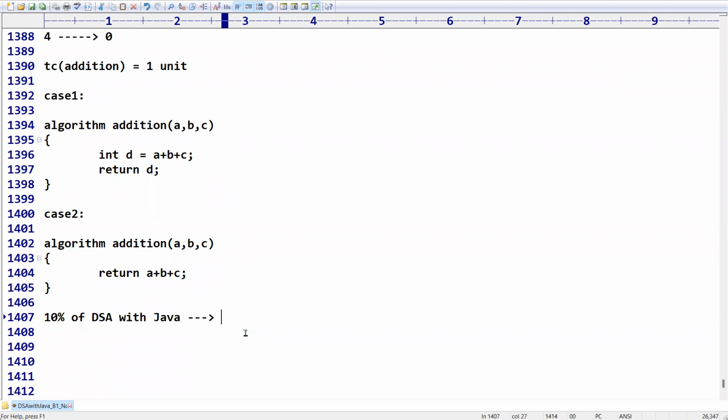Can you please confirm? Yes, very good. Majority of the students are responding. Yes, correct, Srinivas. Notations will be covered compulsorily.